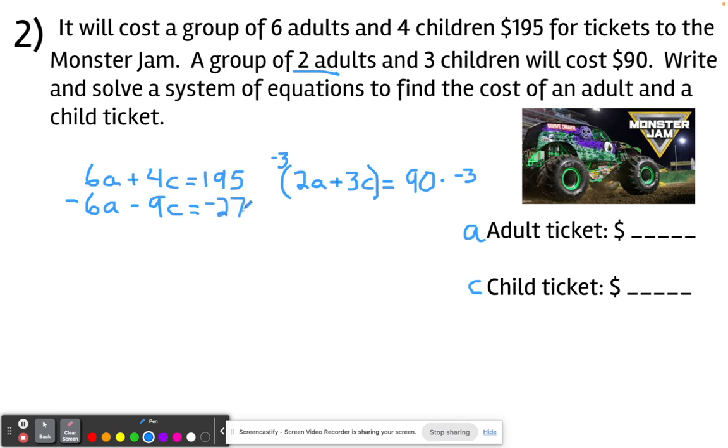Now I can add these two equations together, and I will get my c by itself. So this cancels out. 4c plus -9c will give me -5c. So now I have a single variable equation. 195 plus -270 is -75. Next step, I'm going to divide both sides by -5.